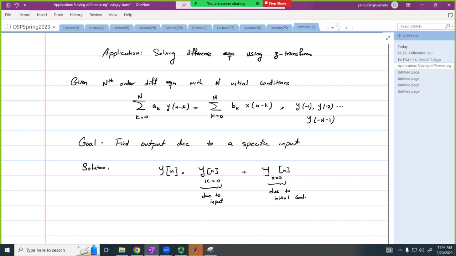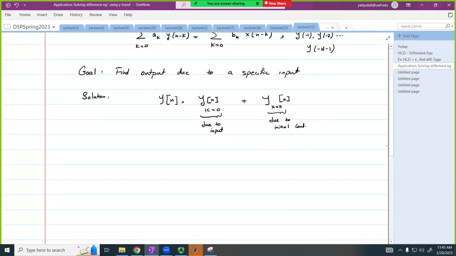One that's going to come from the input, from x, and one from the initial conditions. Is that like the natural solution, general solution? Yes, the forced response and the natural response. Very good. So if we don't have initial conditions like we've done before, this component is going to be 0. If there are initial conditions, these initial conditions are going to show up at the output. Is that clear, everybody?